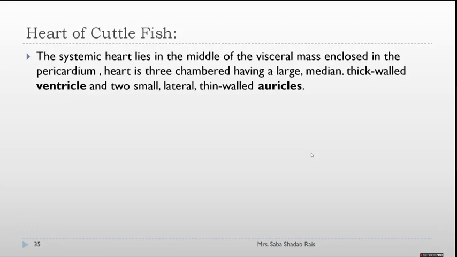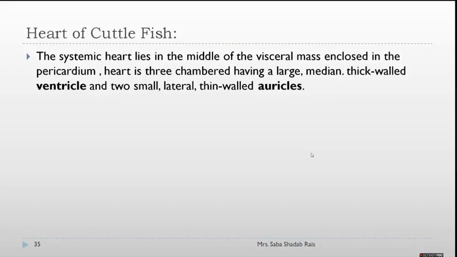So the things related to the heart have the suffix cardium. So they will have the pericardium. The human heart also has a pericardium type of membrane. This is a protective layer, you can say. So in the case of the sepia also, the heart is properly enclosed in the pericardium.